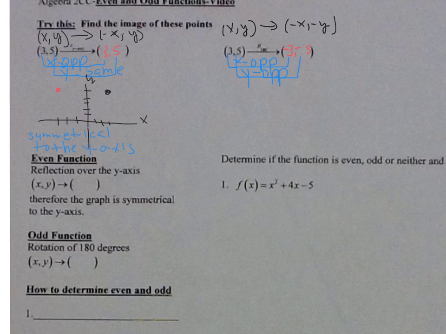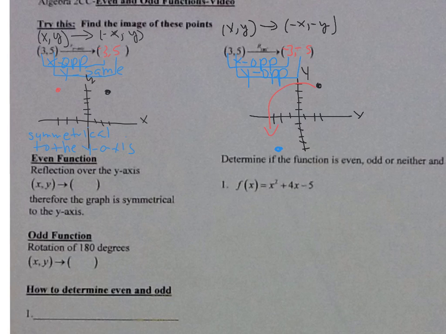So on the graph, if we look at this graph quickly, 1, 2, 3, 1, 2, 3, 4, 5. So here's (3, 5), and then we have (negative 3, negative 5), which would be right over here. Okay, so that's actually a rotation.